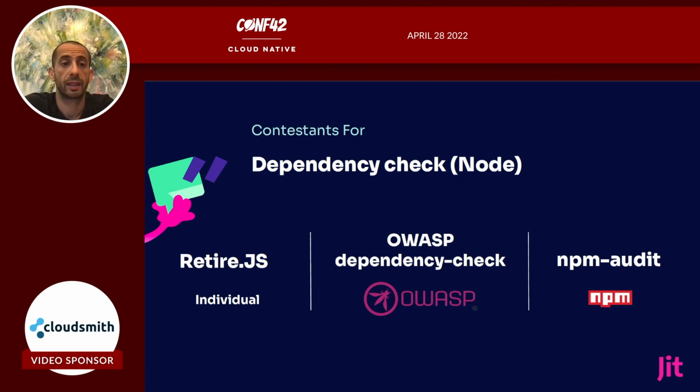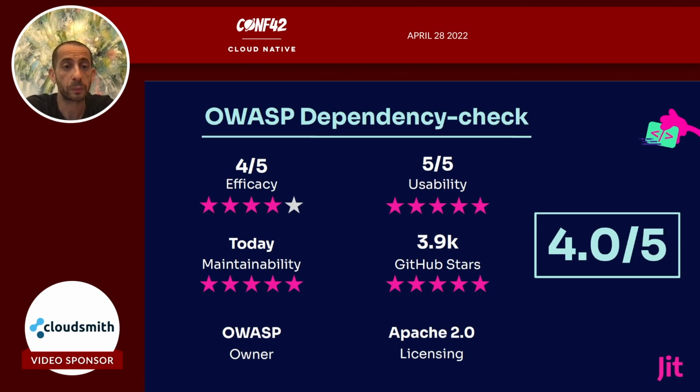In our list of contestants, we have 3 tools which are all good: iterate.js, OWASP Dependency Check, and NPM Audit. All of them detect vulnerable Node dependencies. We decided to go with OWASP Dependency Check, and that's because of a few reasons.